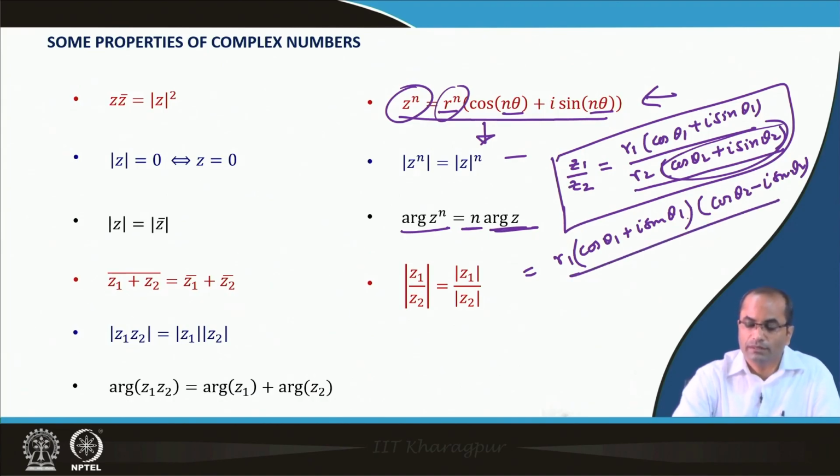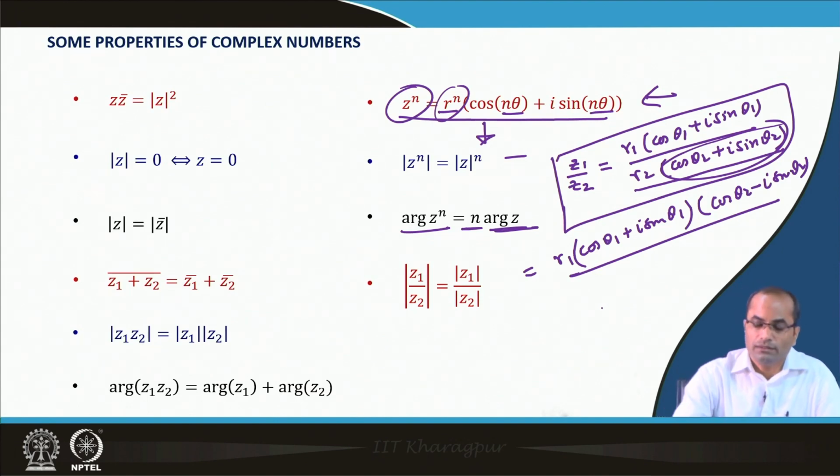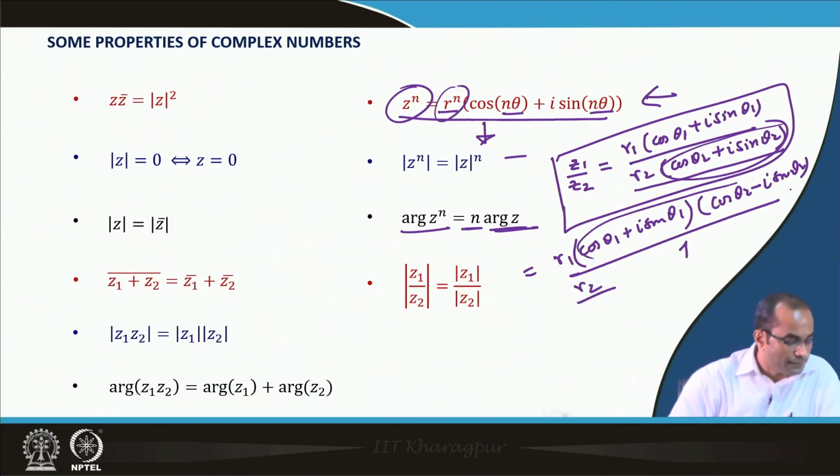here it will become with minus: cos theta 2 whole square and then minus I square sin theta 2 whole square. So, this minus I square will be again 1, since I square is minus 1. So, that will be just 1 there, and then we have R 2, and we can multiply there the numerator part.